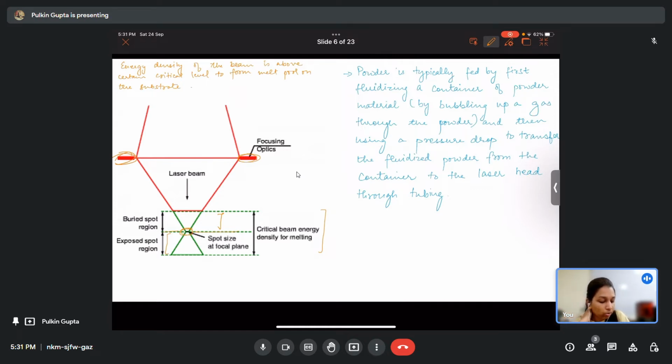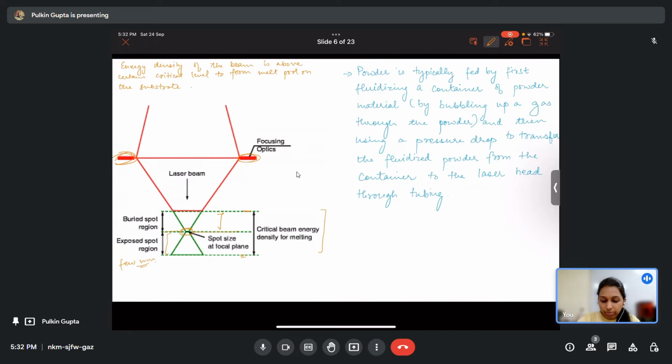And melt pool is formed in this entire region, which is of some few millimeters. So basically what we mean to say is there is a region above the focal plane and below the focal plane where the energy density is high enough to form a melt pool. This region is enclosed within these green lines, where melt pool is being formed.